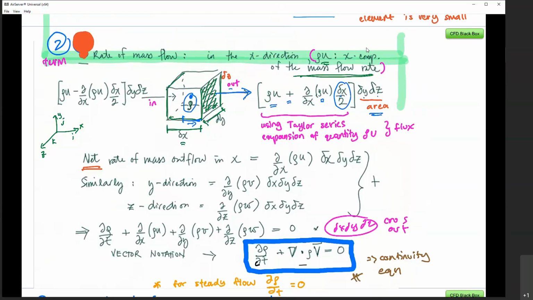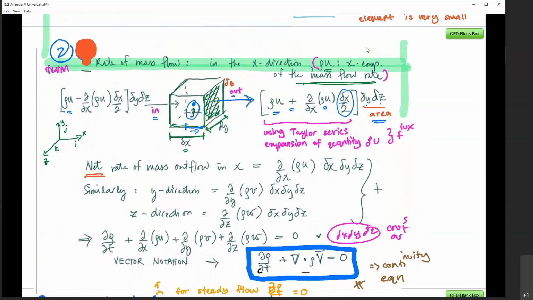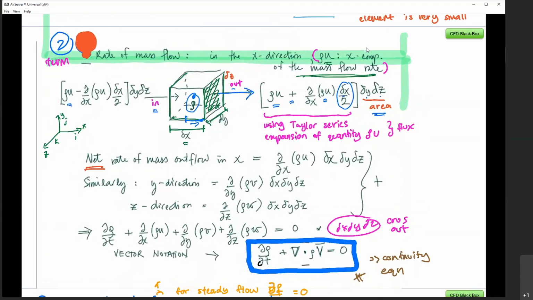Similarly, if we look at the left side, where the flow is coming into the element, if you write the similar component, you get rho u, the x component of the mass flow rate. We have a minus term here because it is moving to the left.